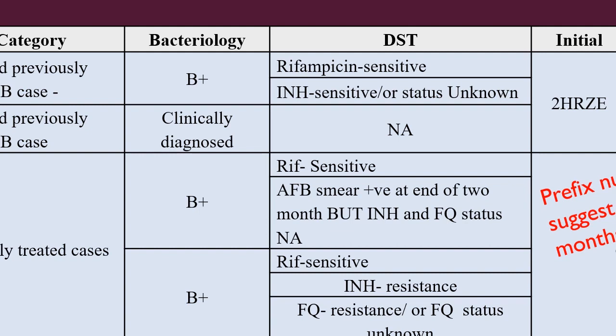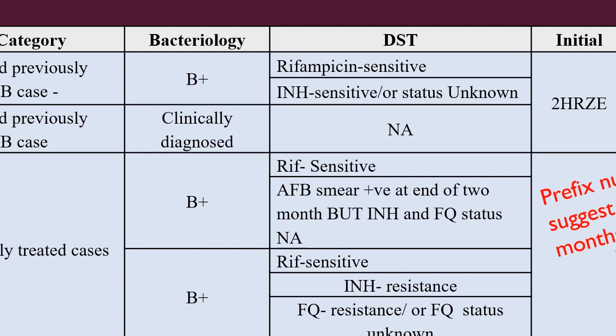So in the case of a new patient or a previously treated case who is bacteriologically positive and we know that his rifampicin status is sensitive, his INH status is sensitive or not known, then he is given a 4 drug combination for 2 months and a 2 drug combination for 4 months. Note that the prefix number indicates the number of months that particular regimen is given.